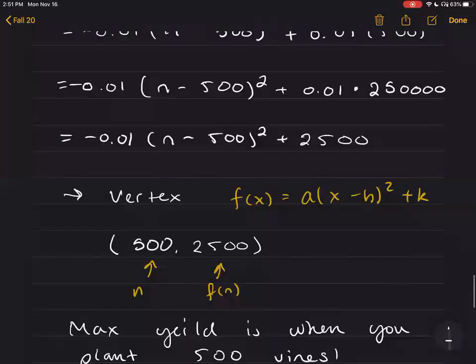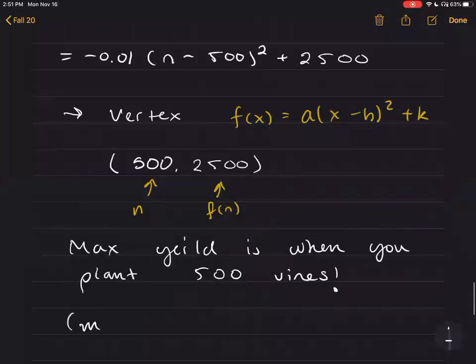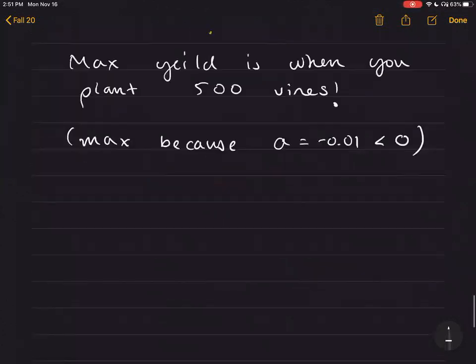And it is indeed a max. So it's max because a is negative 0.01, which is a negative number. Okay. So our max yield is at 500 vines. And when you plant 500 vines, you know that you're going to produce 2,500 pounds of grapes, according to the model. Okay, so that was completing the square.